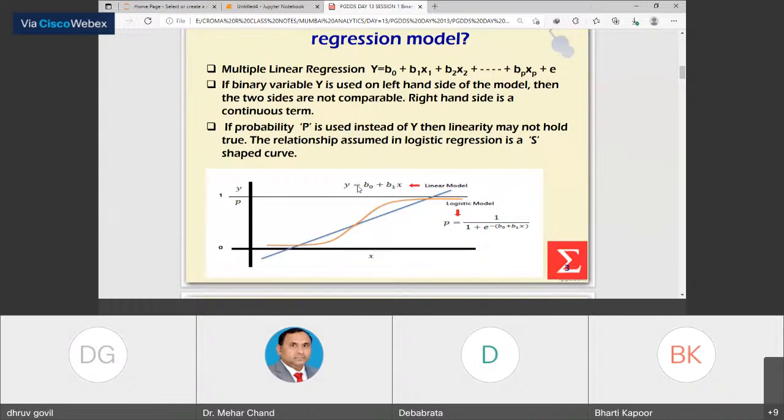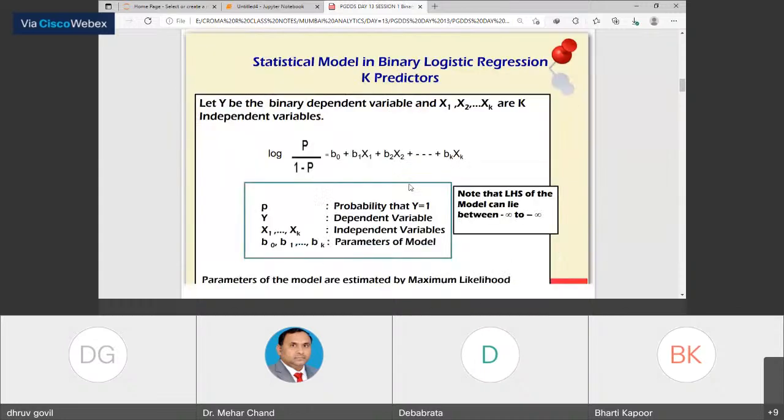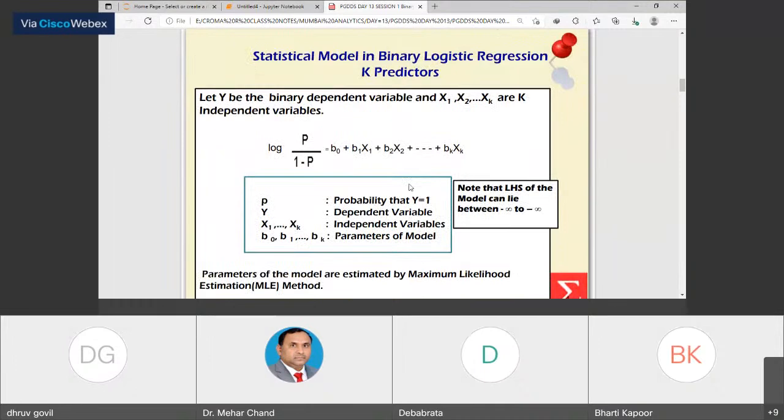In linear regression, the equation is y equals beta naught plus beta 1 into x. But in logistic regression, p equals 1 upon 1 plus e to the power minus (beta naught plus beta 1 into x1). This is the equation for the binary dependent variable, log of p upon 1 minus p, and the multiple linear regression equation.